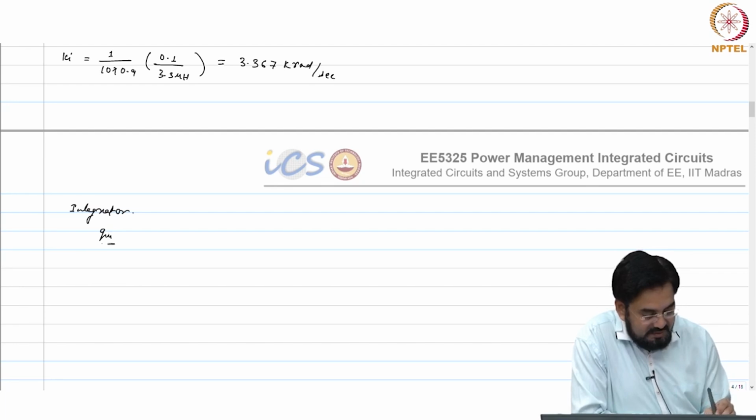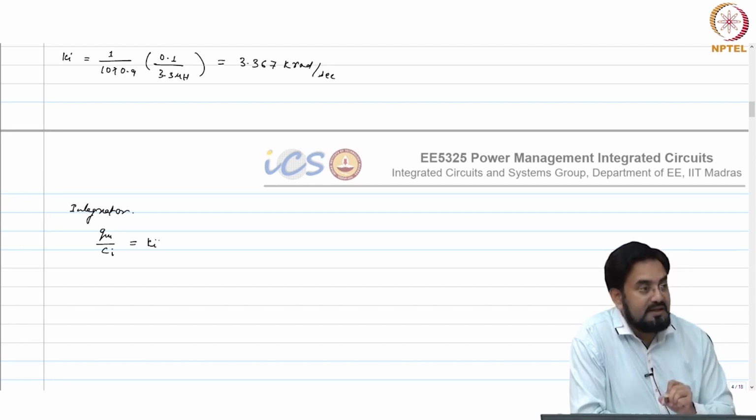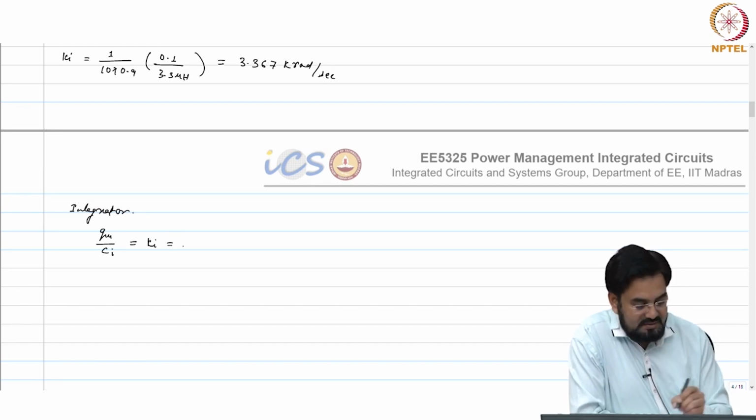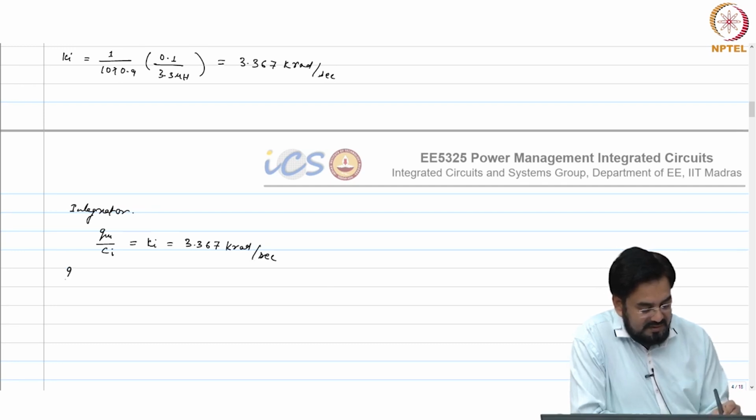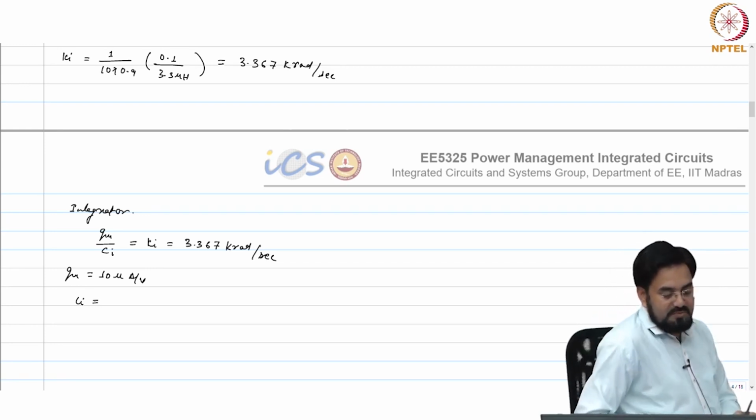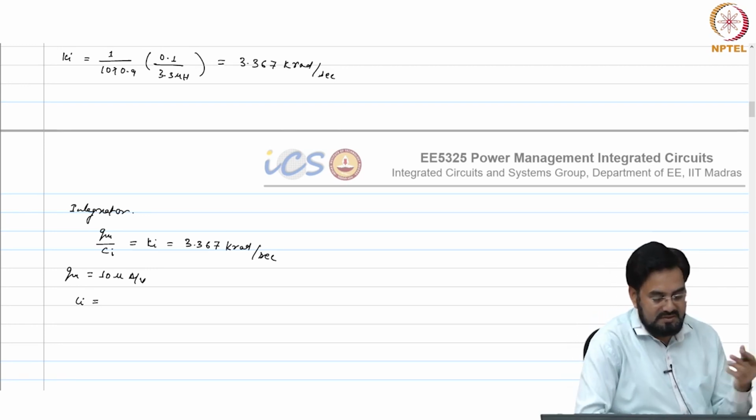So GM by C equal to or Ci equal to Ki, correct? This is 3.367 kilo radian per second. So, let us say I choose GM 10 micro ampere per volt. So, your CI will be how much? So, smaller GM you choose, the capacitor value will be small.